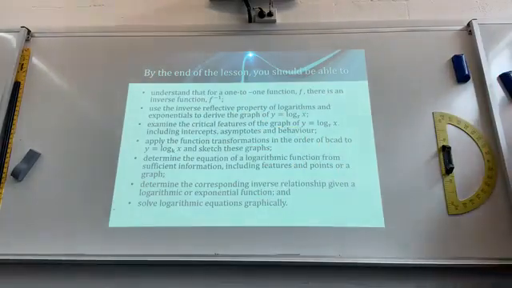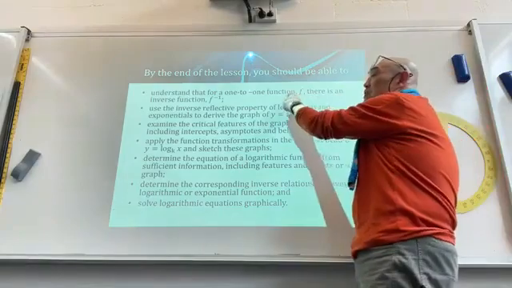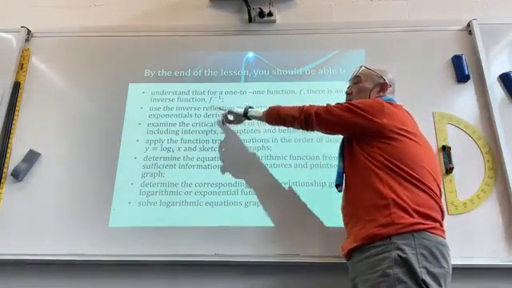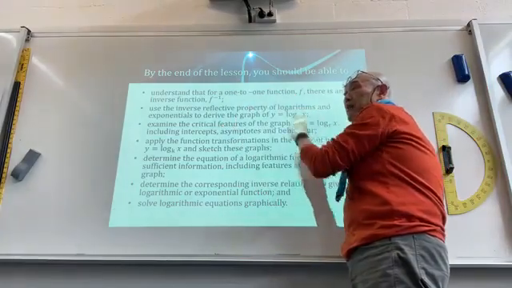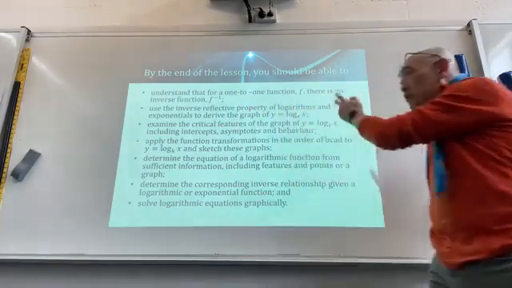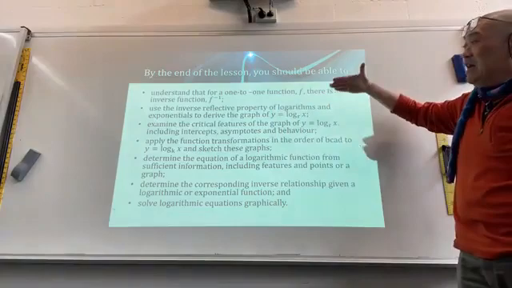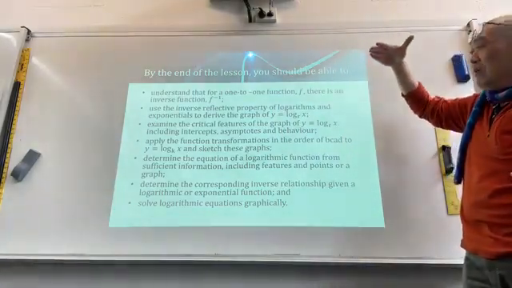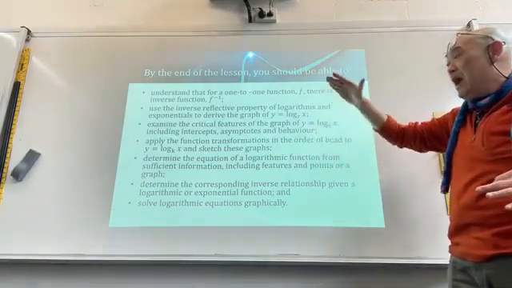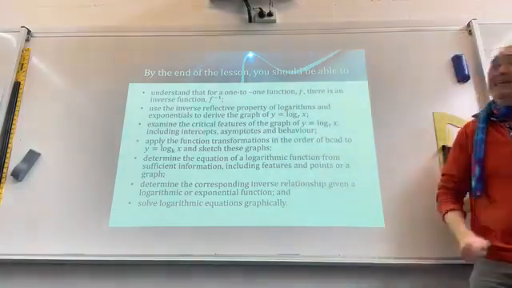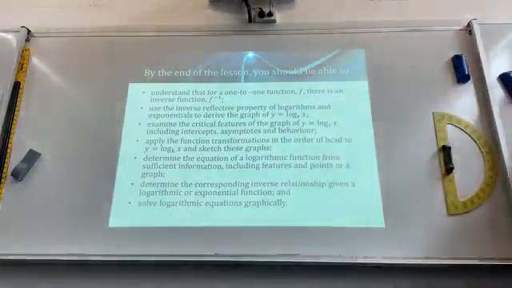If it is not one-to-one, if it's many-to-one, it's an inverse relation rather than a function. Then we'll talk a little bit about the reflective property of logarithms, critical features, applying function transformations, and determining the equation and stuff like that.